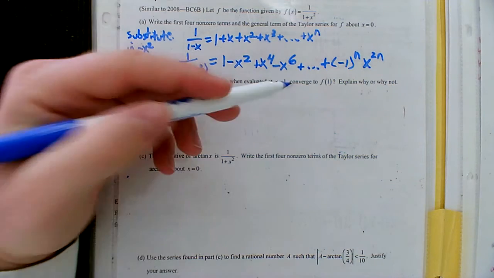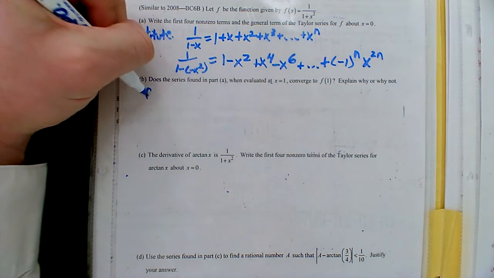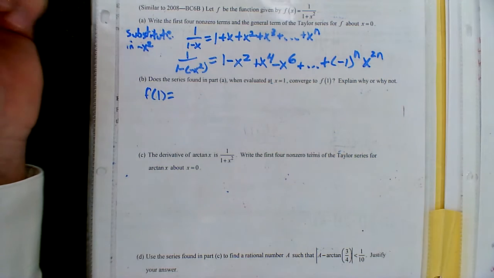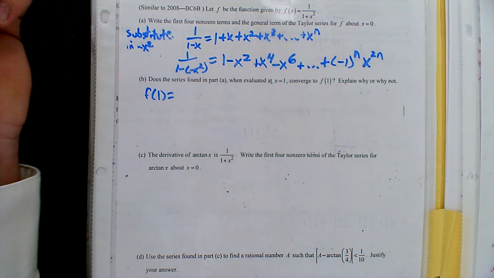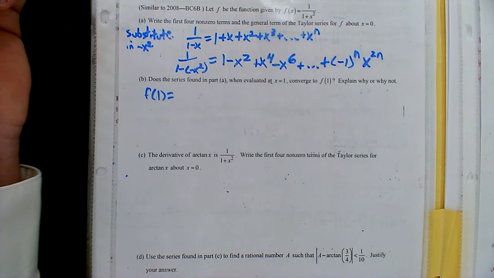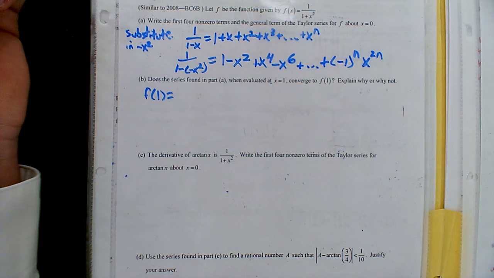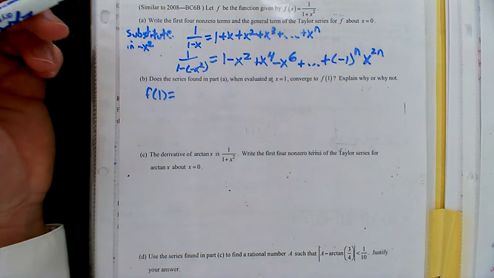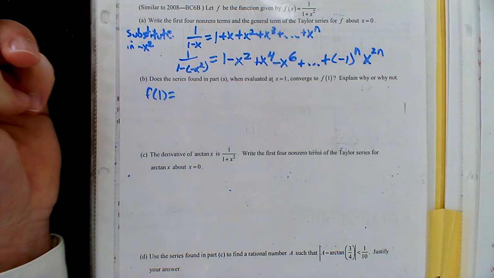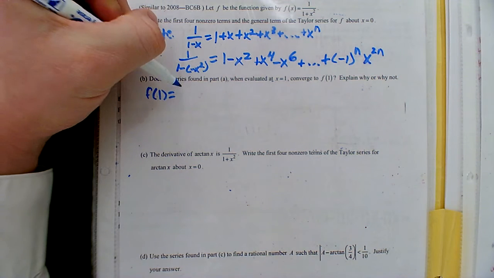So first off, if we just plugged in 1, f of 1 would be equal to what if we plug it into the original? Plug in 1 to the original. Yeah, 1/2.